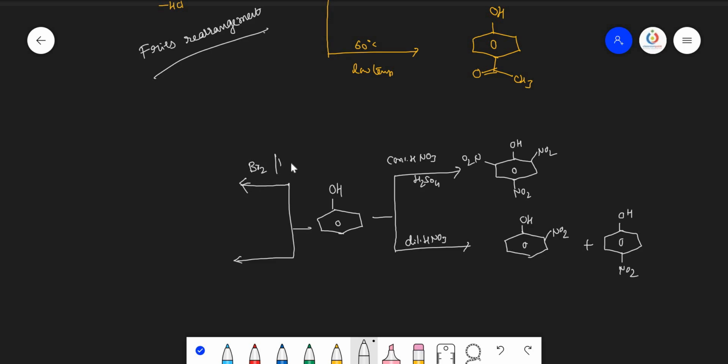Concentrated and dilute. A similar reaction I shall explain, as these two reactions are so important to you. When you use bromine in the presence of water, because these reactions have been asked many times, and bromine in the presence of CCl4. When you use bromine in water, all the three positions are occupied by bromine. So we get tribromophenol.